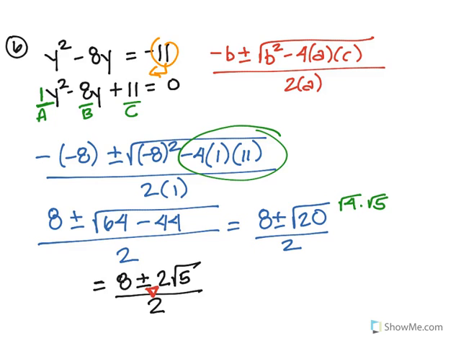And then all three numbers, talking about our triangle effect, you can divide by 2. So that would give us our final answer, which would be 4 plus or minus the square root of 5, because the 2's reduce to 1's and they're not necessary to write.